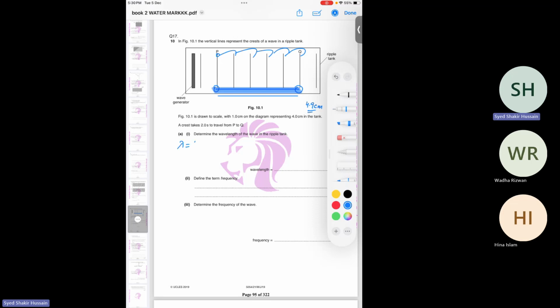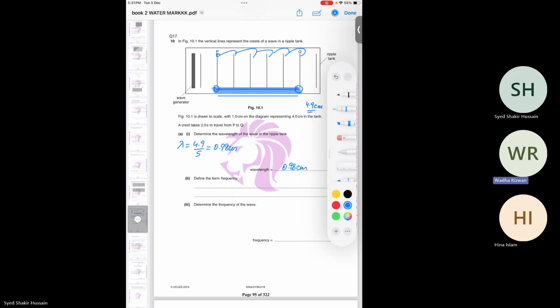And that would be 4.9 divided by 5. So that means one wave is how much? 0.98 centimeter, right? This is one wave.